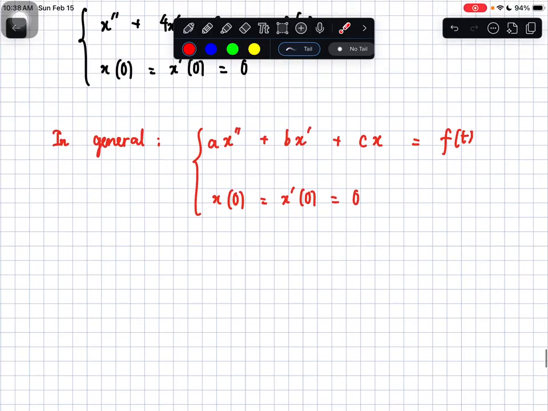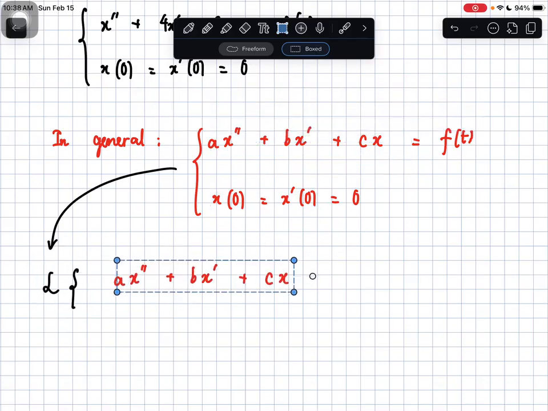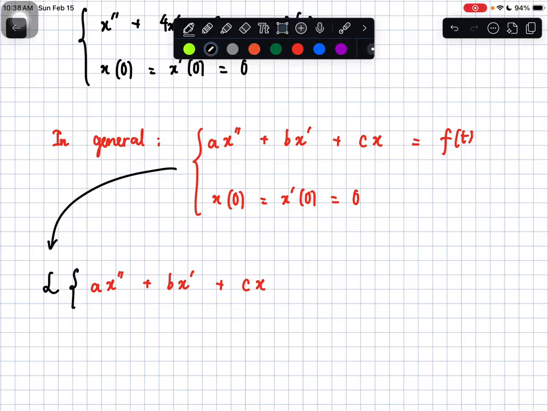You first take Laplace transforms of both sides. So let me do it for the general case here. Laplace transform both sides: you have the Laplace transform of the left hand side equal to the Laplace transform of the right hand side.